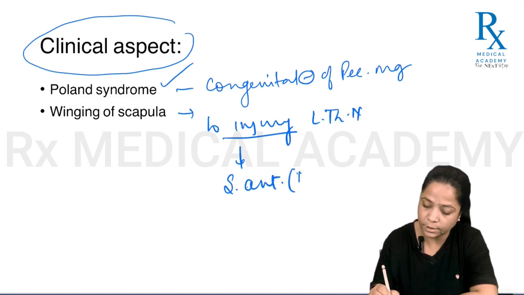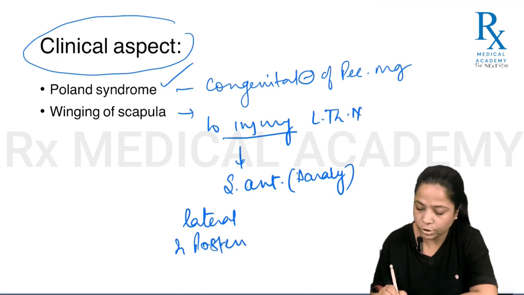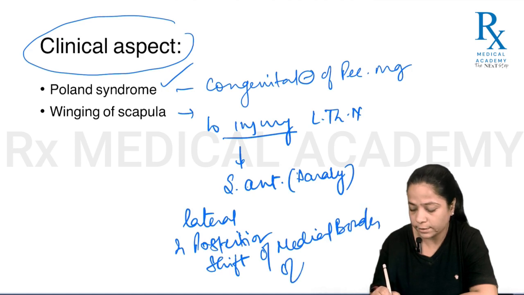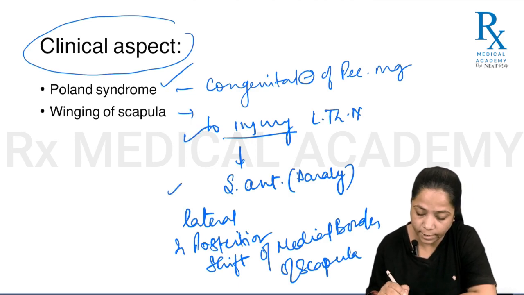So this serratus anterior muscle is paralyzed, and there occurs the lateral and posterior shifting, or the position of shifting, of the medial border of the scapula. So all these points become your important MCQ.